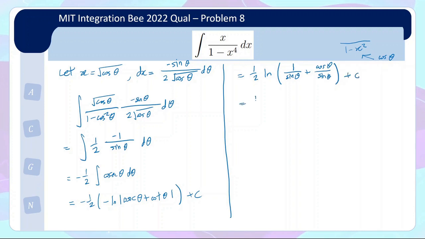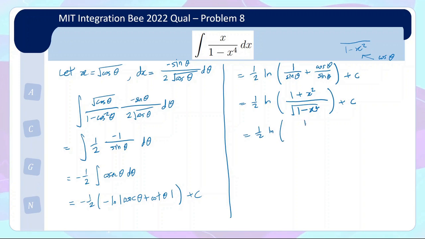So we have half ln, and this is 1 plus cosine theta, which is x squared, over sine theta. Sine theta is the square root of 1 minus cosine squared, so it's 1 minus x to the 4. So this gives you half ln.